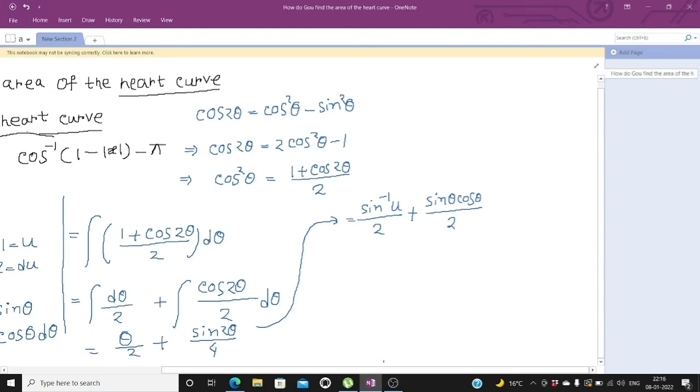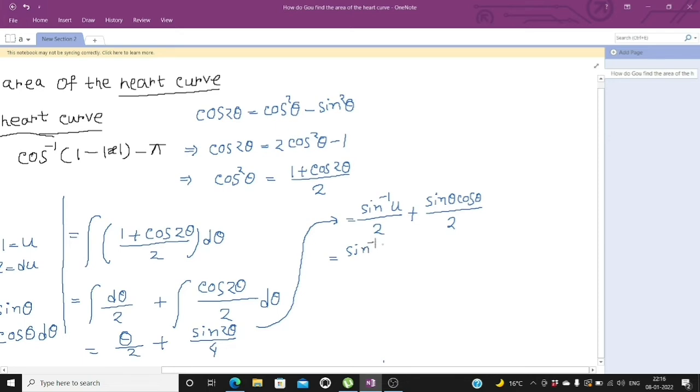Now if we want to make a little more adjustment, we have to put all the terms in terms of x, right? In terms of x, u is x minus 1.